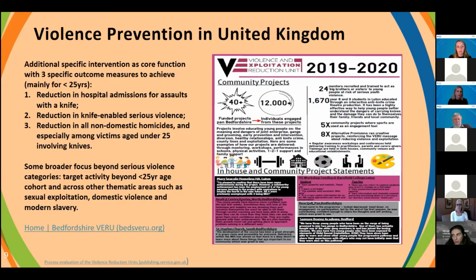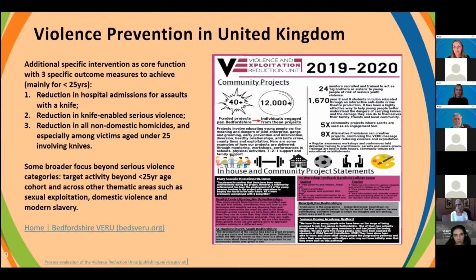So the reason I've pulled out Bedfordshire, as I said, there are 18 that have been set up. Bedfordshire I pulled out very specifically because they were very overt, I suppose, in terms of how they named their violence reduction units. They've all been called something slightly different.